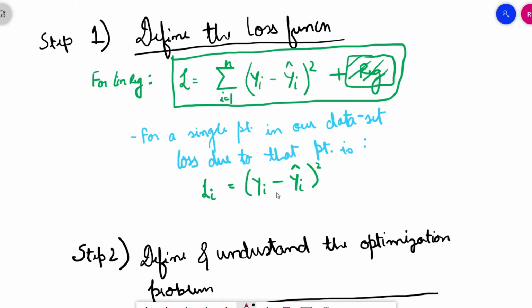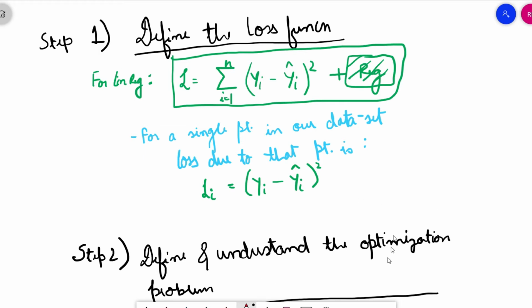So if for the ith point the loss is given by this formula, what will be the total loss calculated over all the points in our data set, from 1 to n? It will be given by the sum of this squared difference. Okay, so this is our loss function for linear regression, and if broken down for each specific point, it equals this part.